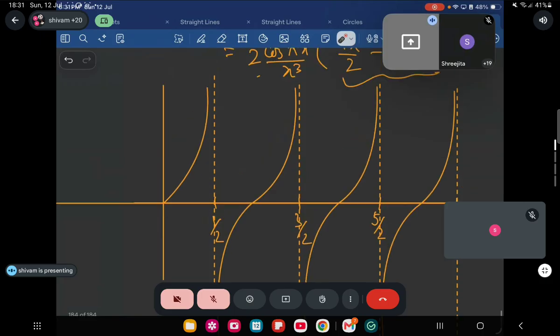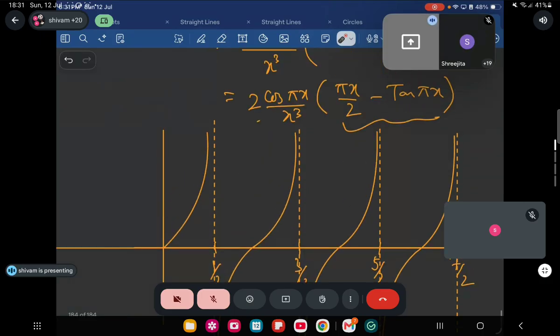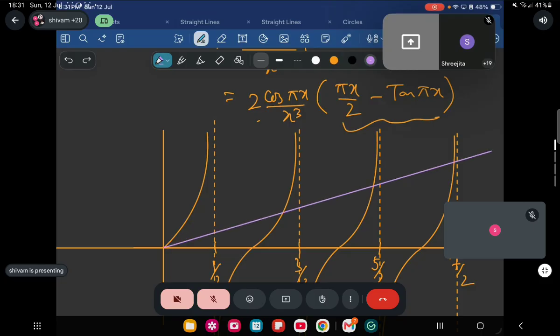Pay attention. Now y equals pi x by 2 will look somewhat like this. Yes or no? Tell me, everyone. This is the straight line y equals pi x by 2.